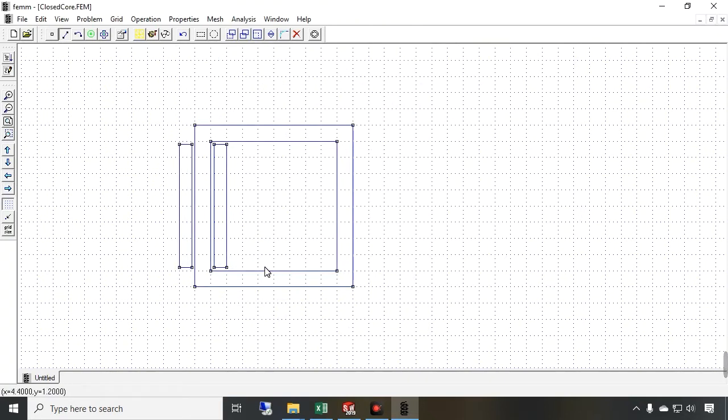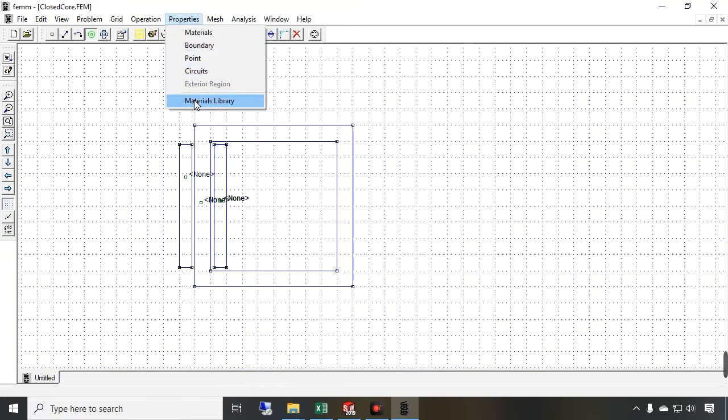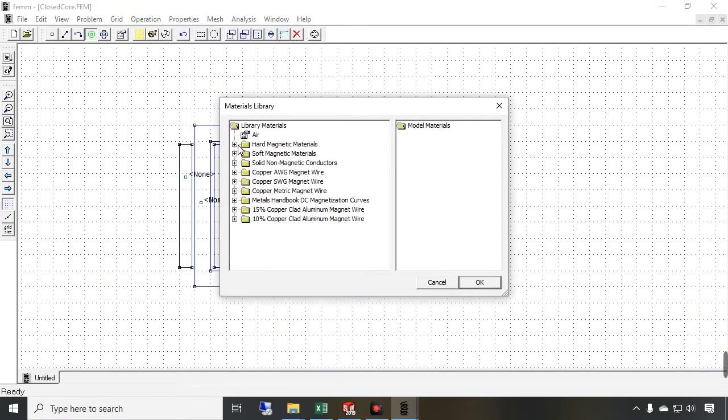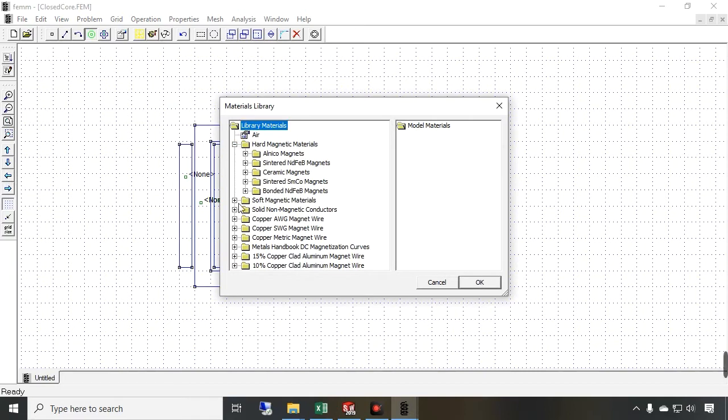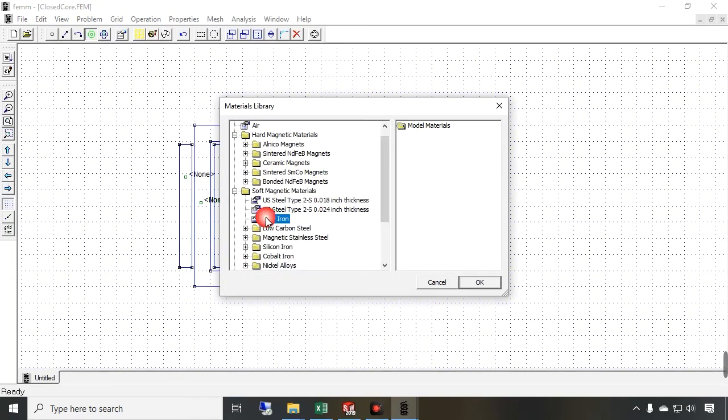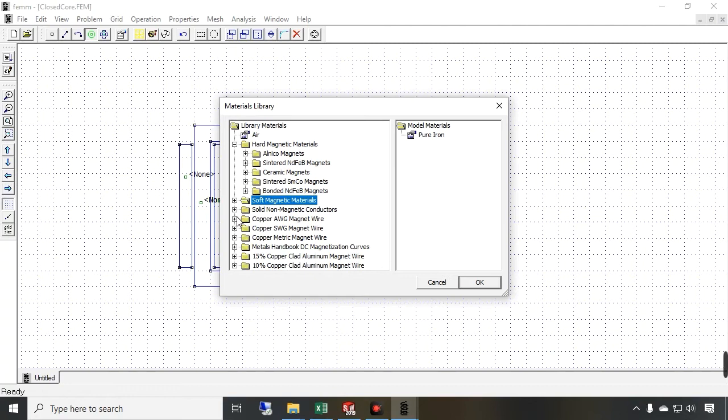Okay, so as you know, the next step is assigning material labels. So I assign a material label here, a material label here, and a material label here. From materials library, I am going to add the pure iron, and also we need the copper.